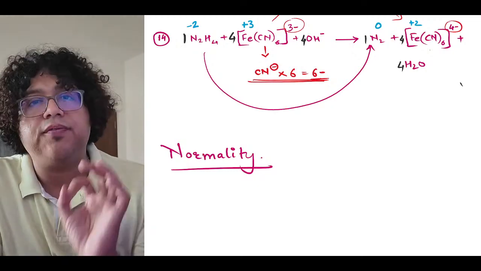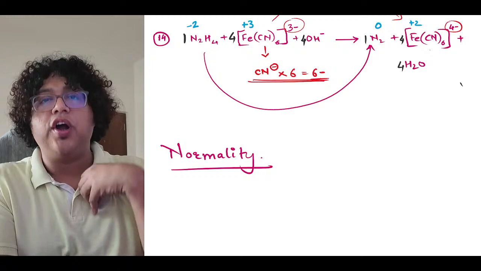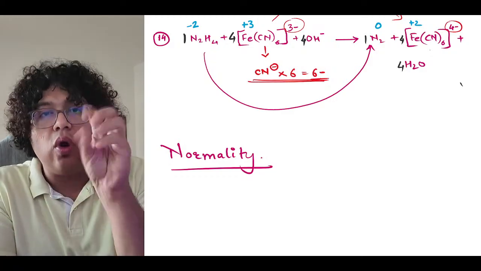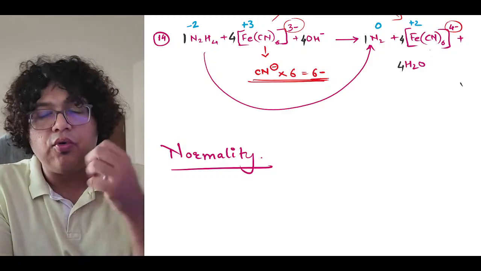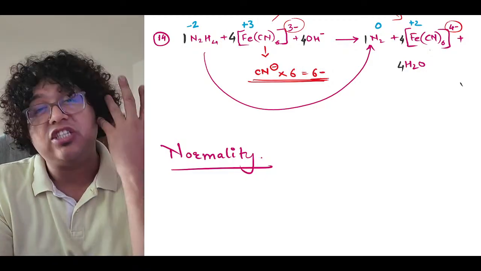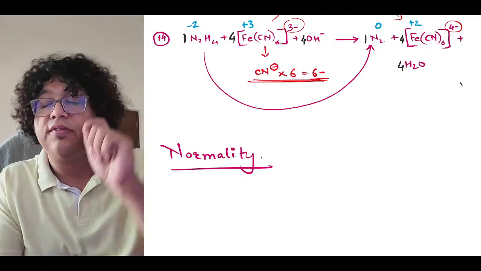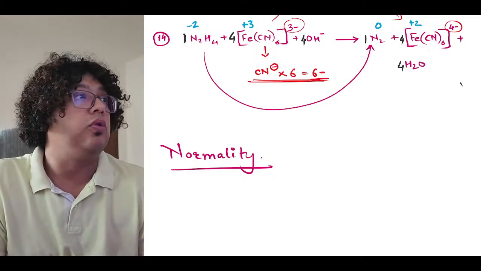So the concept of N factor is simply to avoid getting into the qualitative part of a chemical, to avoid getting into whether this molecule is going to give off 3 H+ ions, or whether that molecule is going to get reduced from +7 to +2. I don't know, right?